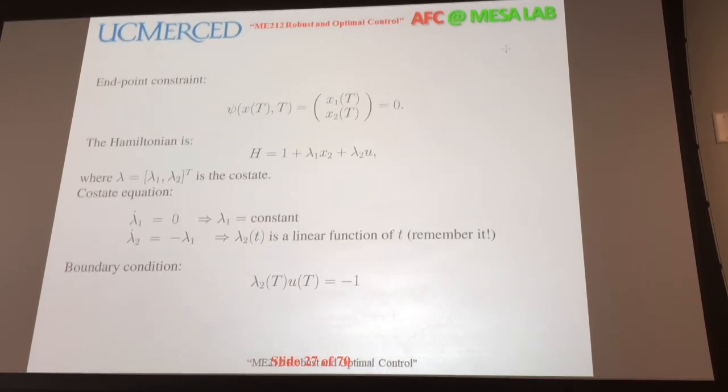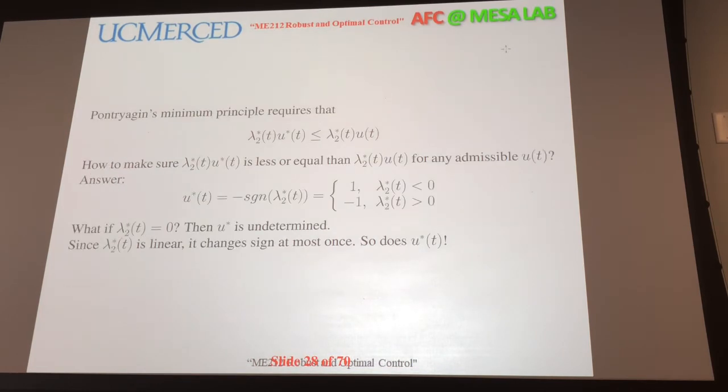So we don't know what capital T is in this case, so we need to minimize that. Then you can solve. I'll go very quickly, otherwise it's too slow. In the end, U star has to be like a sign function.